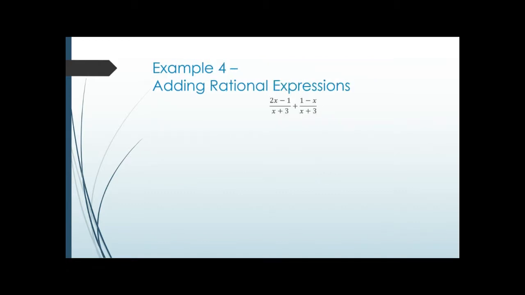So we start by adding these. We add the tops, and usually the way I do this is I combine them first before I start the adding. So I have 2x minus 1 plus 1 minus x. I'm just combining these fractions together because you're adding the numerators, and the denominator stays the same.